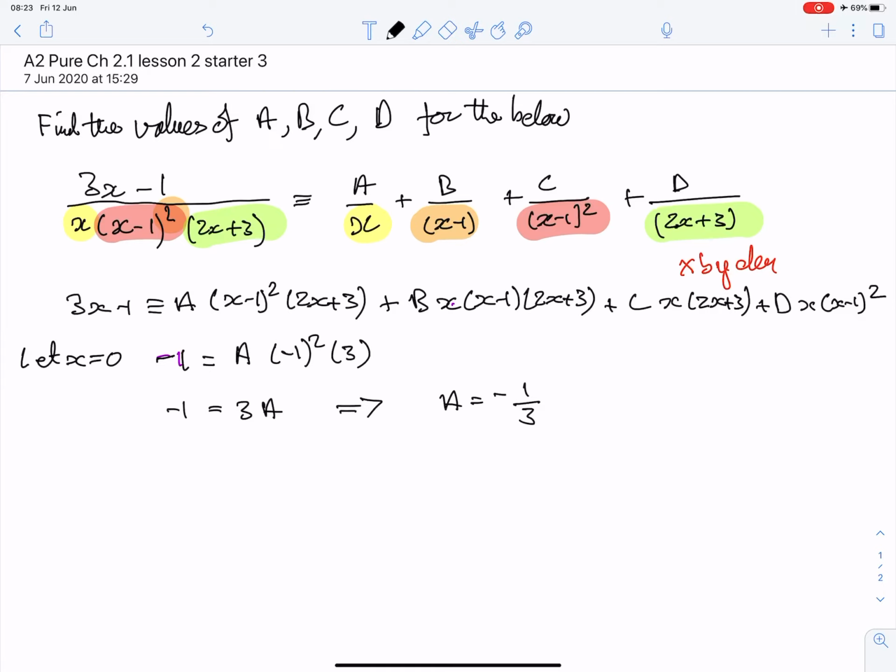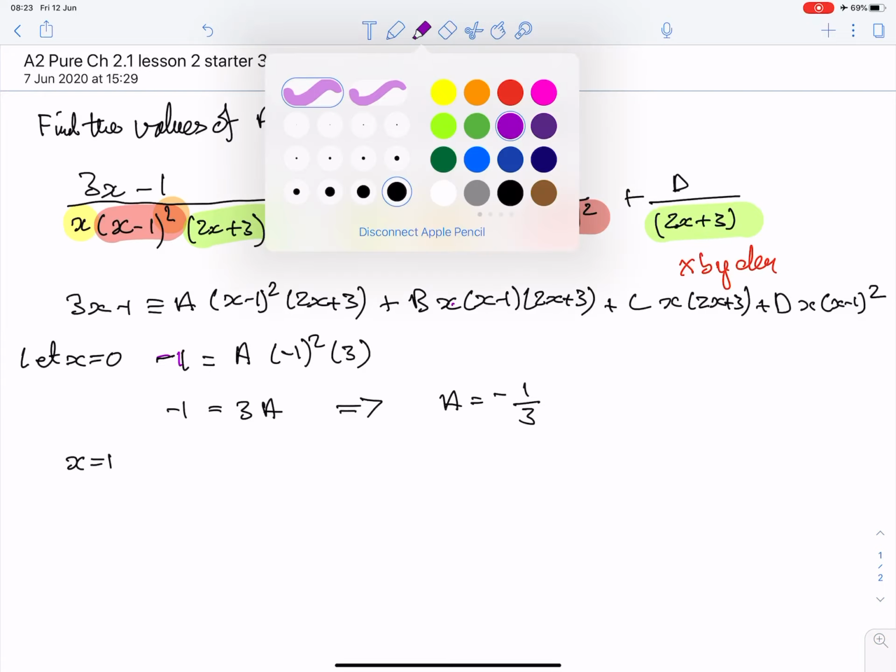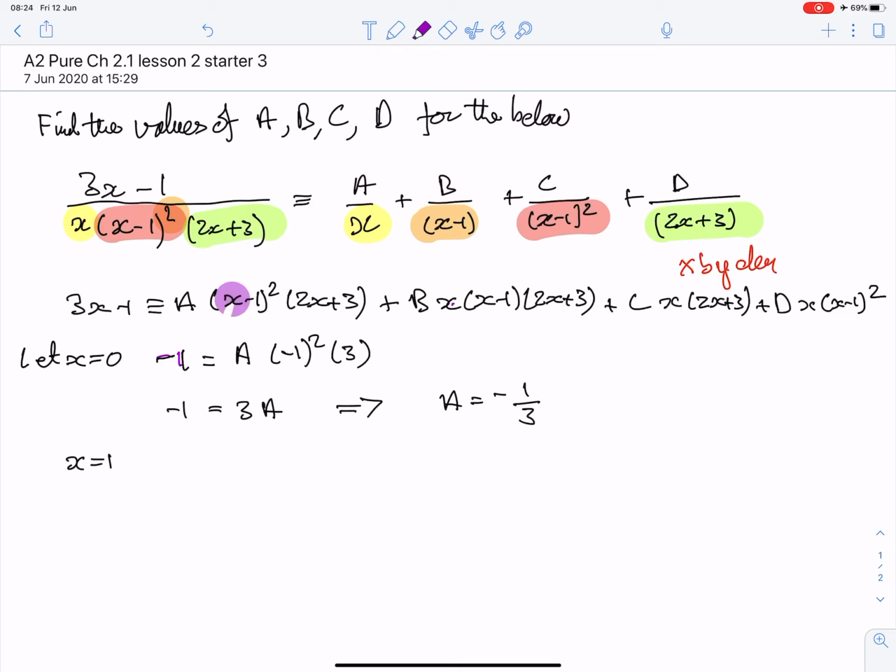Next, what else could we pick? We could pick x equals 1, because that will eliminate the A term and the B term. So that will leave us C as the only thing we don't know.